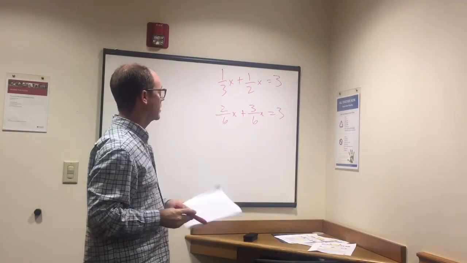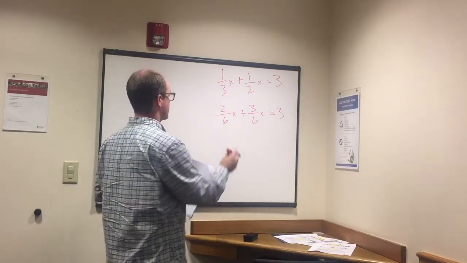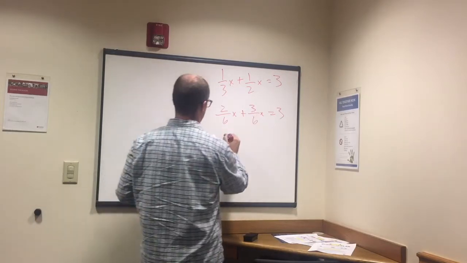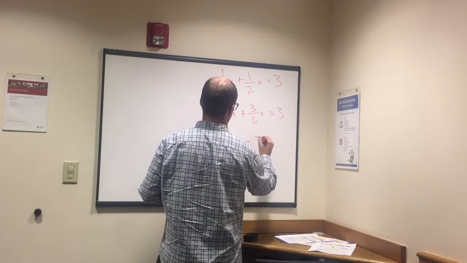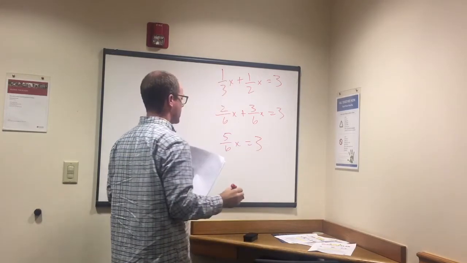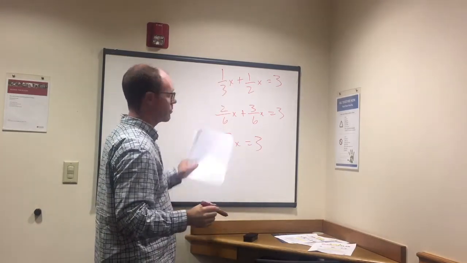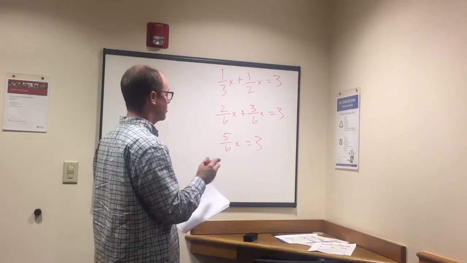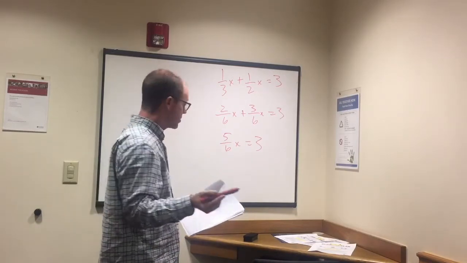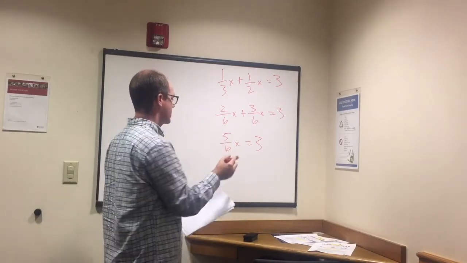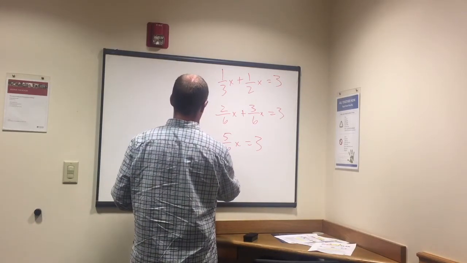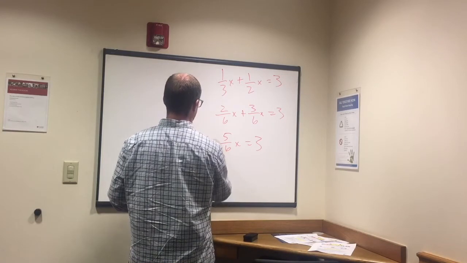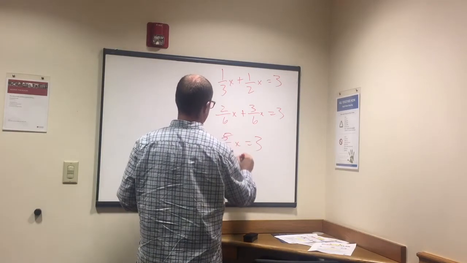Now we can add these two together. 2/6 plus 3/6 equals 5/6, x equals 3. Now we need to get rid of this 5/6, so I need to multiply it by what's called the inverse. The inverse of 5/6 is 6/5. When I multiply by 6/5, that's going to cancel everything out, and then we just have x.